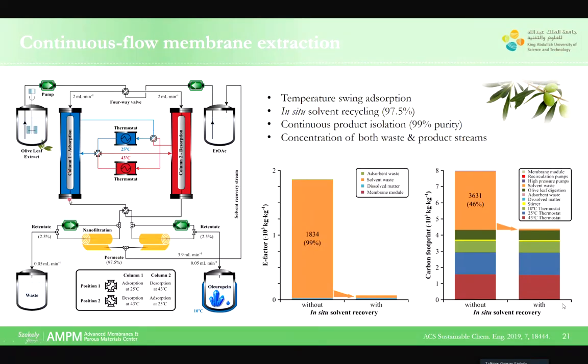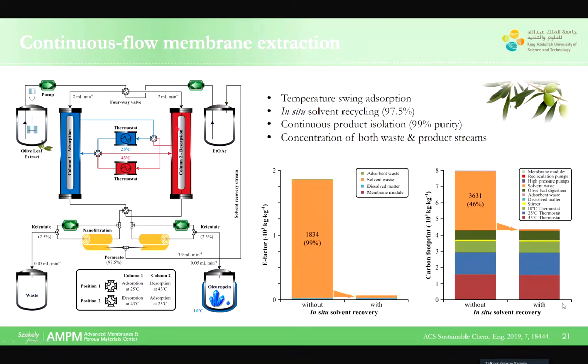Then this waste is going into a nanofiltration unit where we concentrate it, and eventually we end up with a concentrated waste in this vessel. And at the same time, when the waste gets concentrated, we obtain a relatively pure solvent that can be recycled. So you can see here in the permeate that the solvent is being recycled.